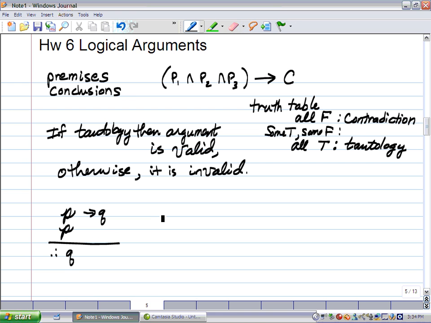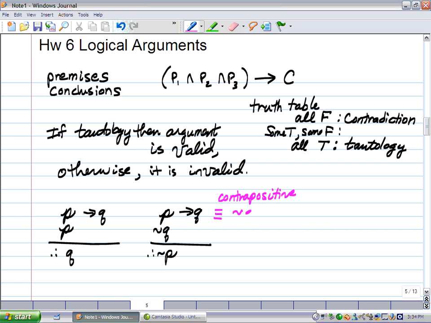So I'm just following the line of what I have. The other one we have is that if P implies Q, and I have not Q, then I have not P. This comes from the fact that the contrapositive is the same statement. What's the contrapositive of P implies Q?